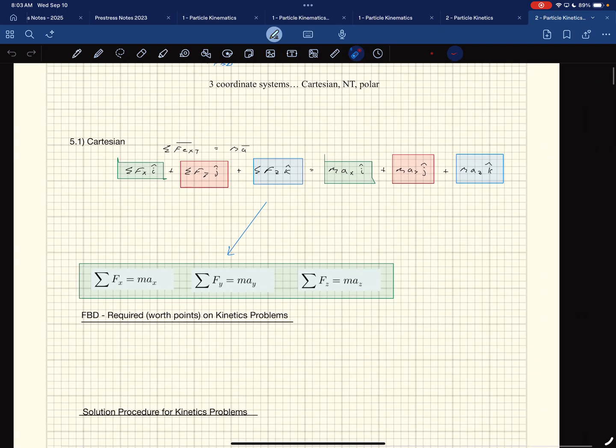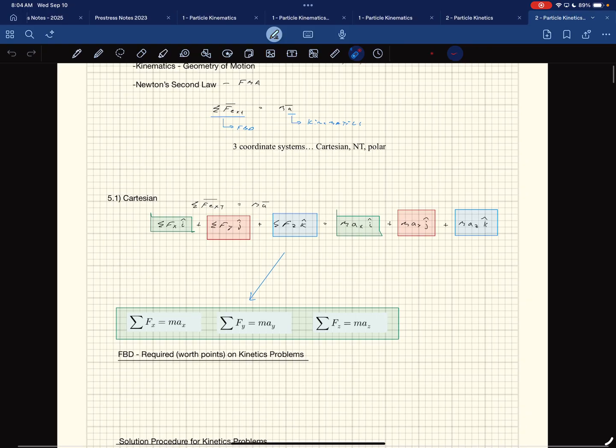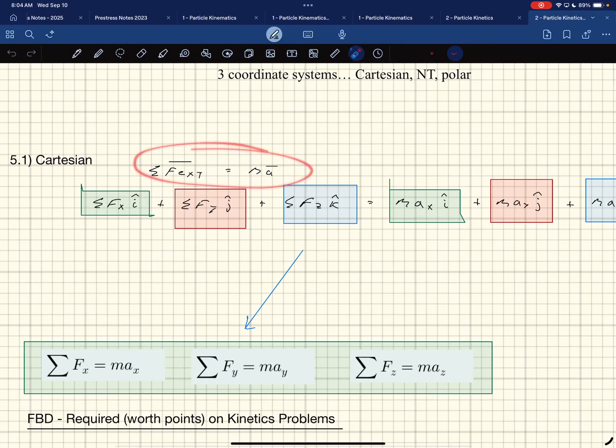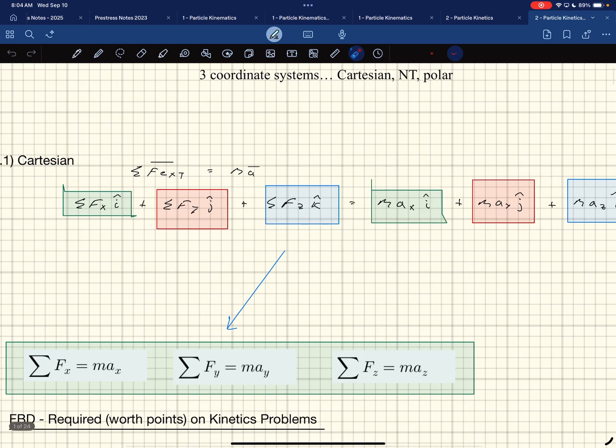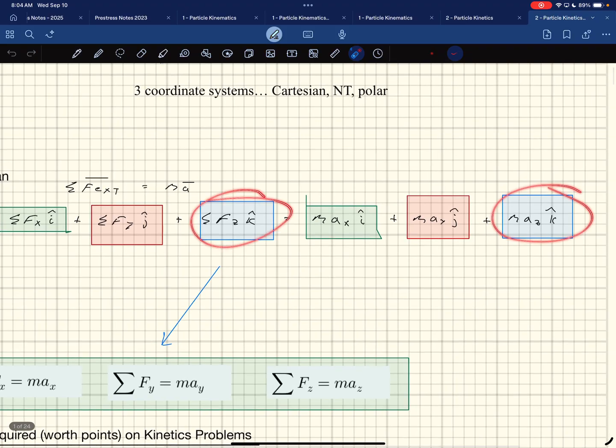Okay. And what we did so far is literally just this. We look at the vector form: the sum of the external forces equals mass times acceleration. That's Newton's second law. We break it into the I components, J components, and K components. All the I components have to be equal to each other, all the J's have to be equal to each other, and all the K's. It's kind of just three separate problems.